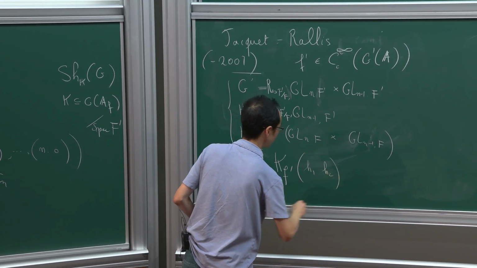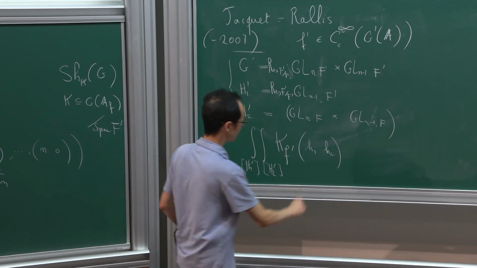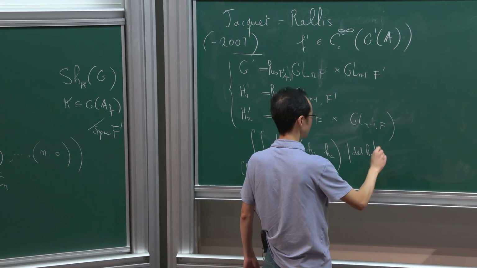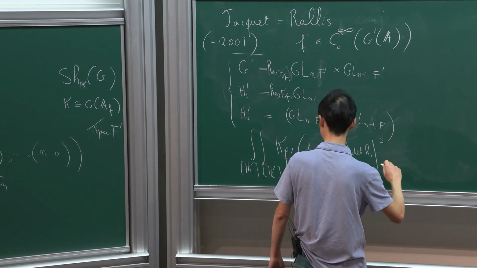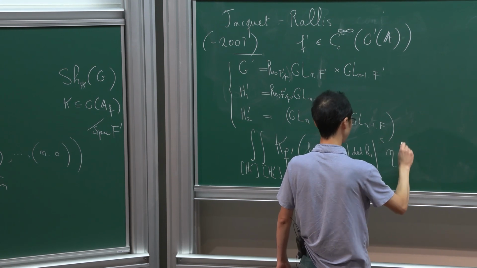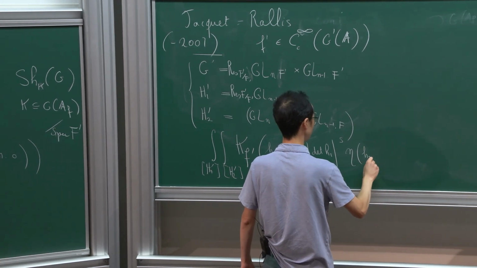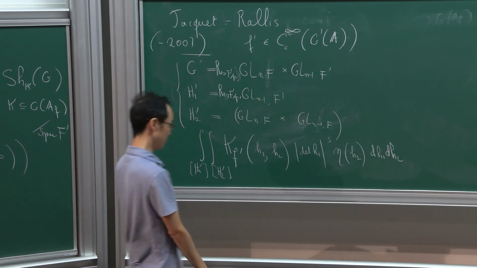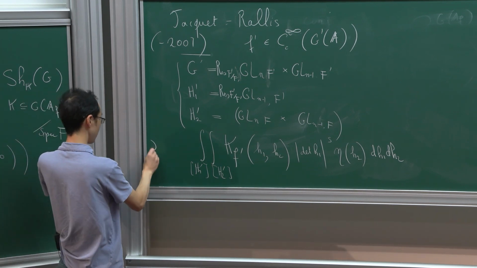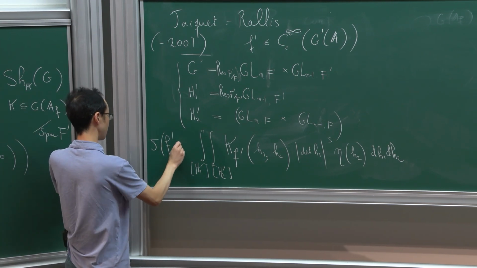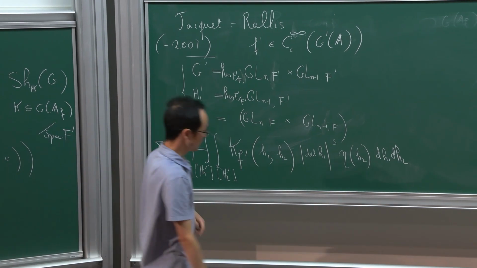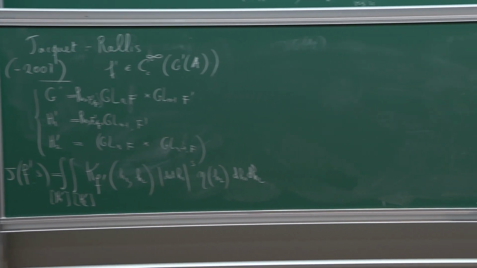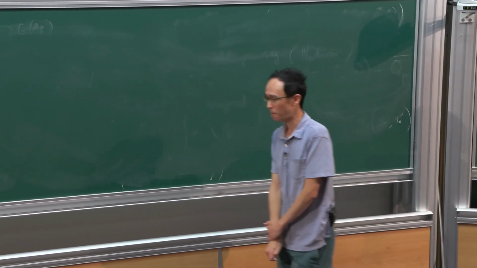Now you can produce the Rankin-Selberg L function by taking the determinant of h1, then taking the s power, where s is a complex parameter. Then you take some quadratic character of h2, and then you take this integral. Let's call it J(f prime, s). The spectral side will give you the Rankin-Selberg L function.